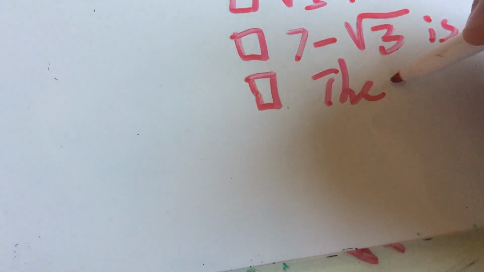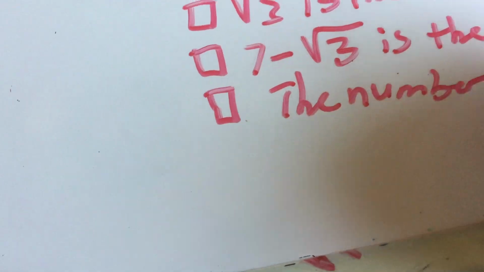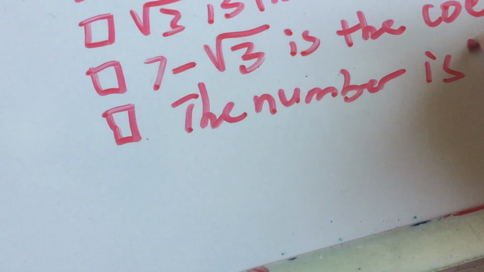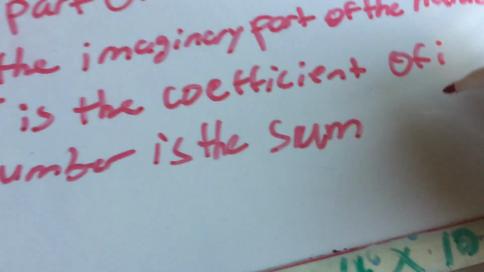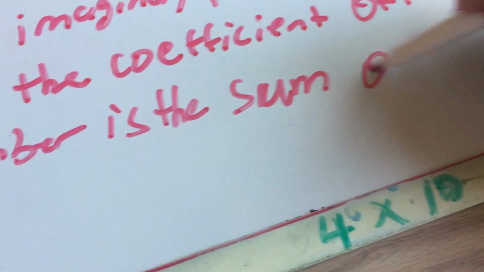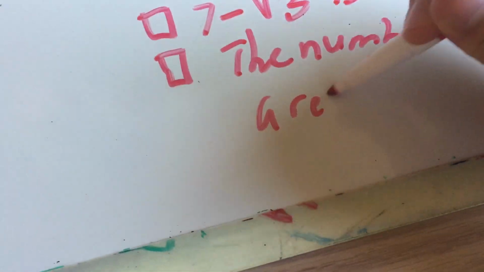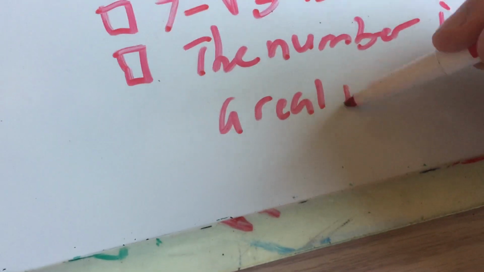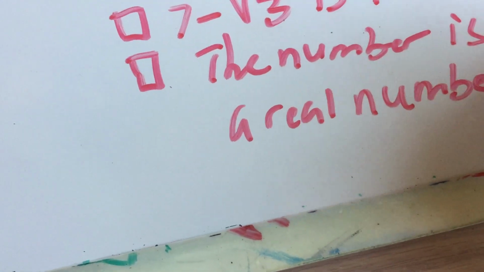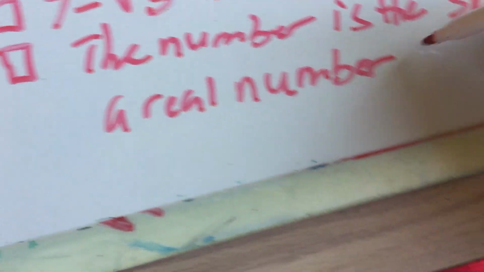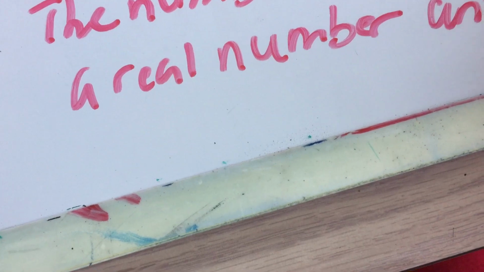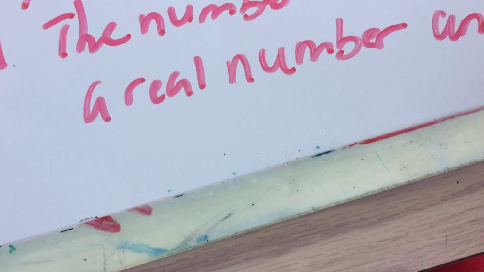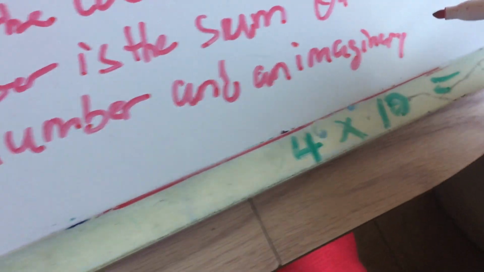And last one, the number is the sum of a real number and an imaginary number.